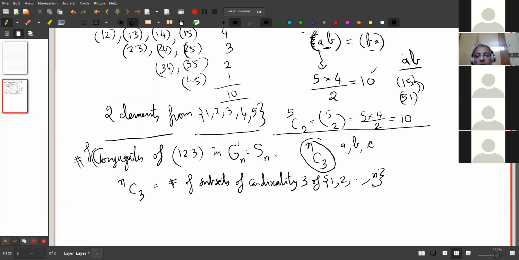But given a subset, how many 3 cycles can I make? 3? Okay. What are those? Please, let's write those. I'm giving you 1, 2, 3. How many can you make? The answer was 3?